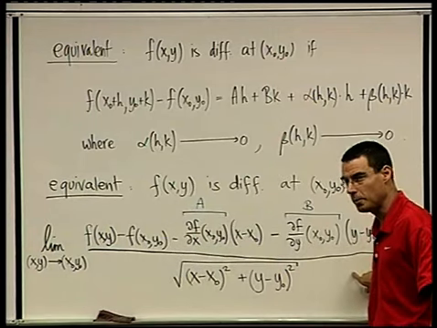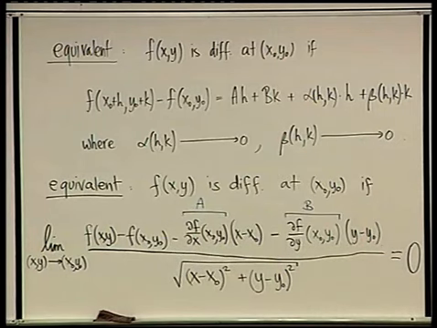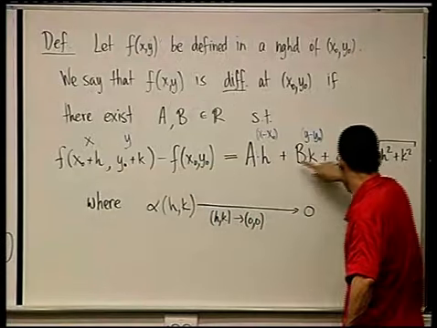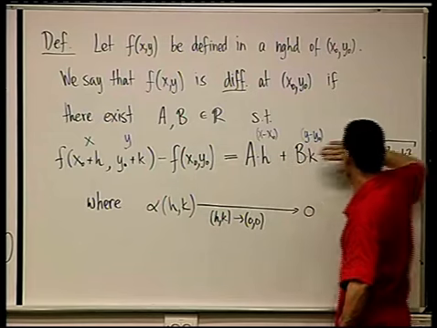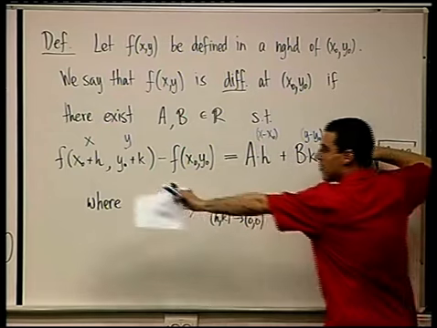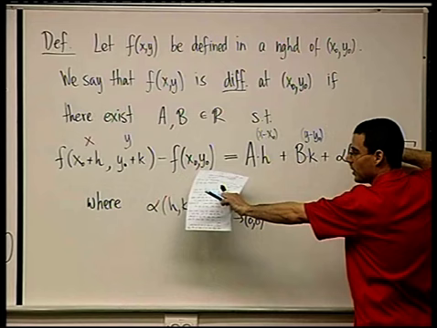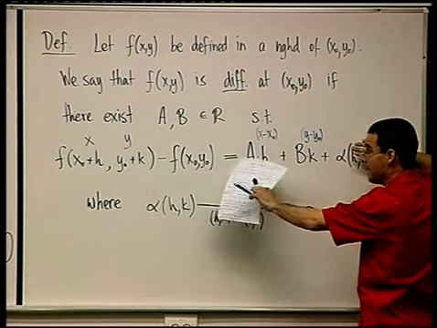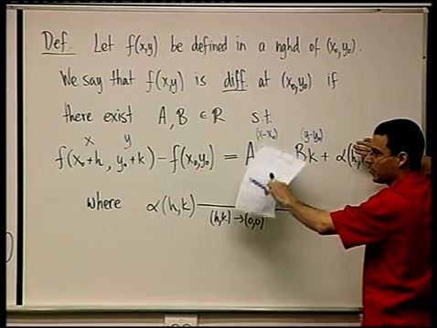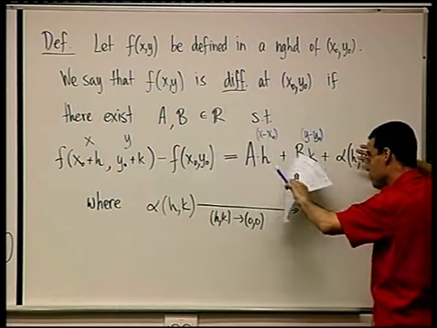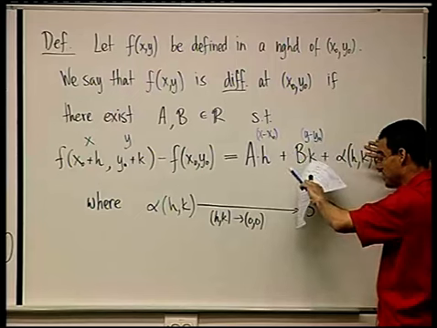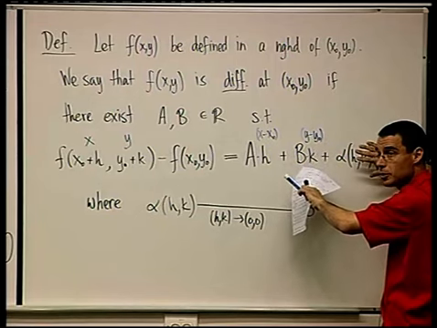Let's go back one board. The numerator is everything you see here except this. Do you see that? With moving these to the other side. So it's f at x, y minus f at x0, y0 minus a times x minus x0, because a is the partial with respect to x, minus b times y minus y0, because that's k, and b is the partial with respect to y.